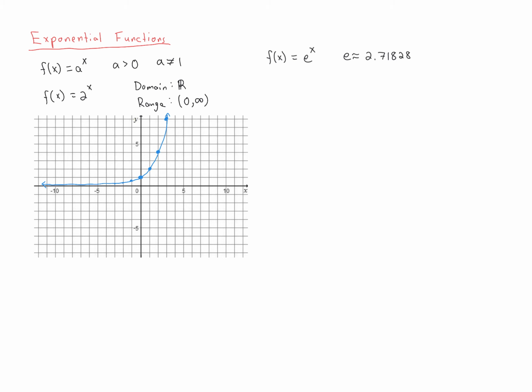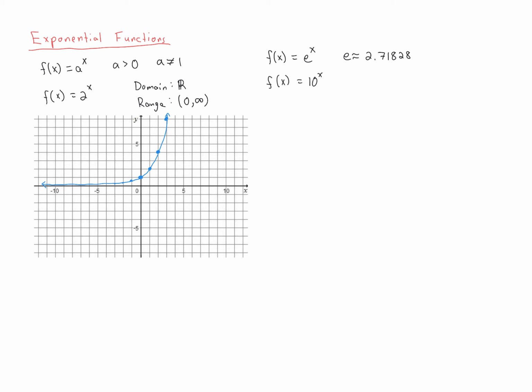It's an irrational number. And another one that can be quite useful is 10 to the x, specifically because we use a base 10 number system. So that ends up being useful. And in fact, we see powers of 10 with scientific notation. So there are a lot of good reasons to look at that exponential function.